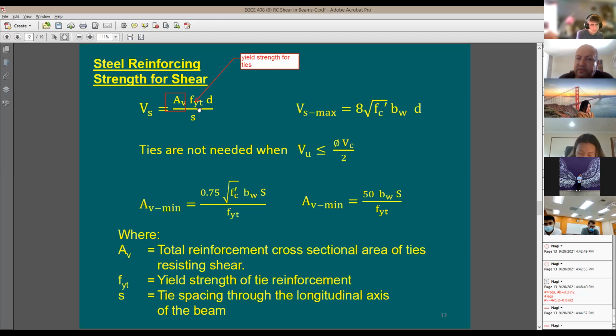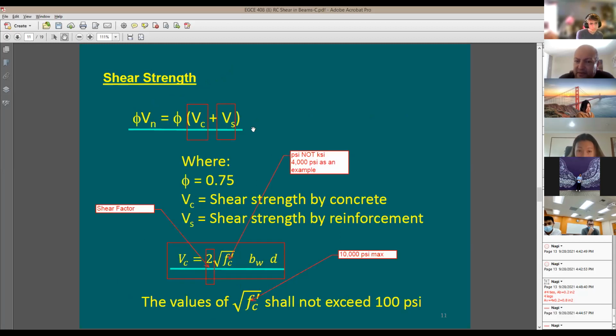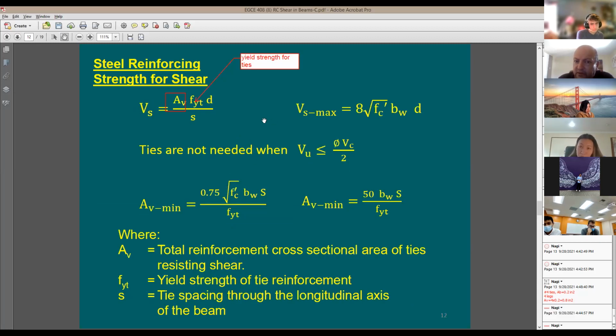If you decide this to be in KSI, this is fine, but this is going to be in kips. So it's okay. This is not really tough, but this one is kind of tricky. You cannot really use 4 KSI. It has to be 4,000. So as long as you are careful, you should be able to use PSI or KSI, as long as you know that if you use KSI, it's going to be in kips, and if you use PSI, it's going to be in pounds.